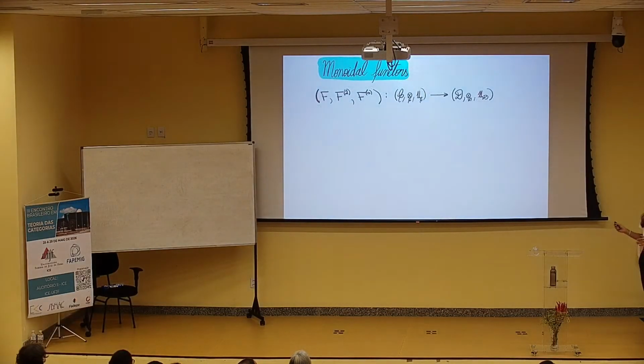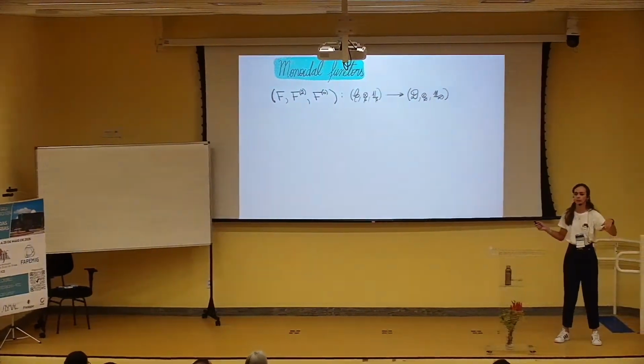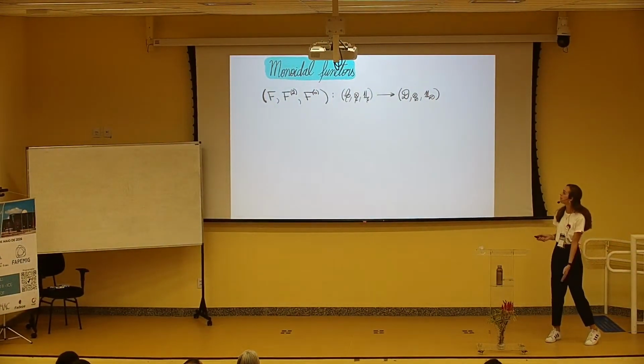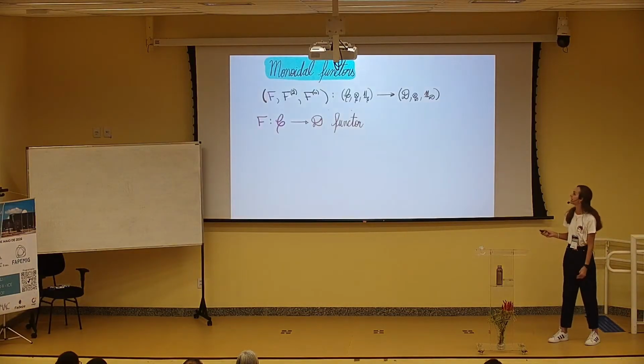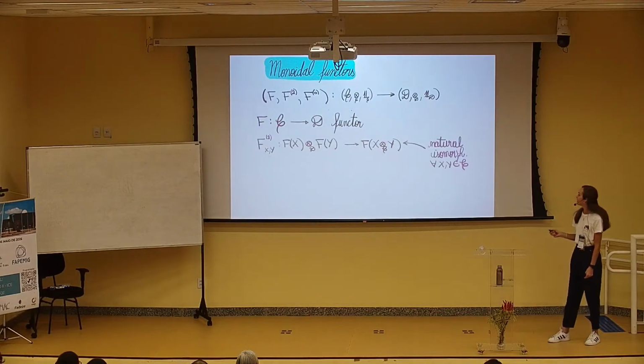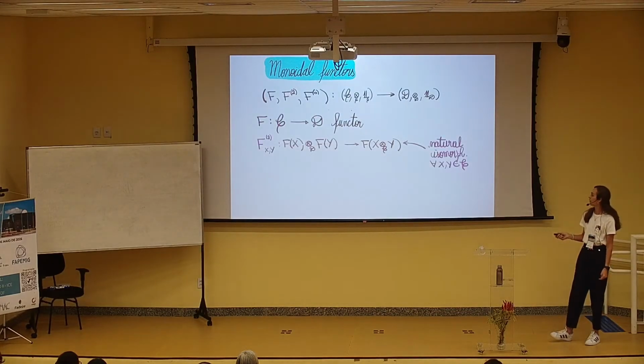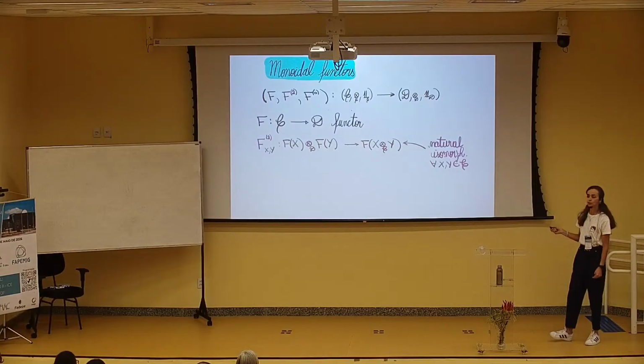Okay, so every time you have categories, you want to know how the functors between them behave. So if you have two monoidal categories, what is a monoidal functor? The only thing you can guess is, okay, you have a functor between the underlying categories, and you have a natural isomorphism that says how f of objects in C, which lives in D, relates to f of the tensor product in C. So you have a natural isomorphism.